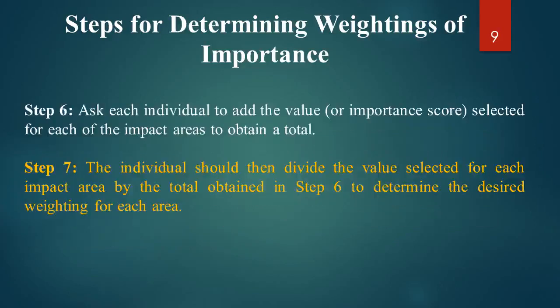In step 6, ask each individual to add the value or importance score selected for each of the impact areas to obtain a total. In the 7th step, the individual should then divide the value selected for each impact area by the total obtained in the 6th step to determine the desired weighting for each area.